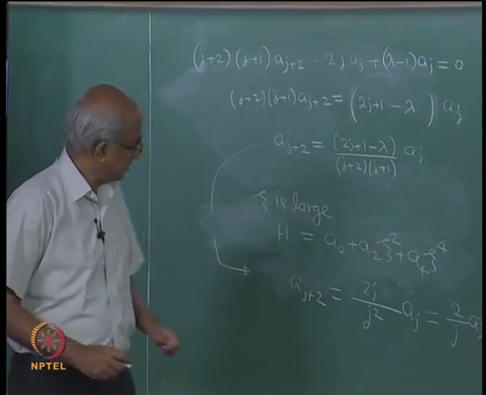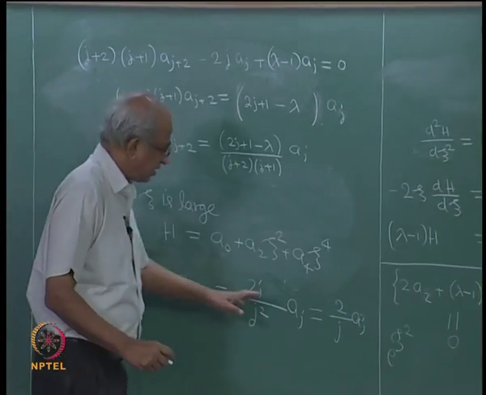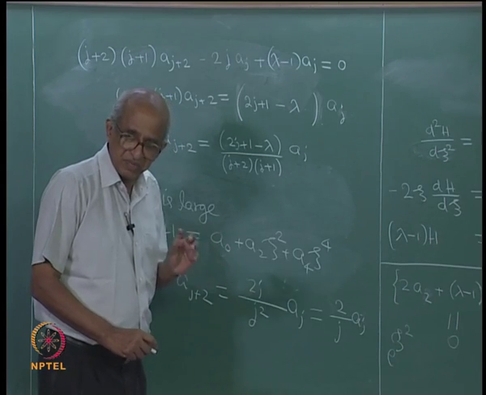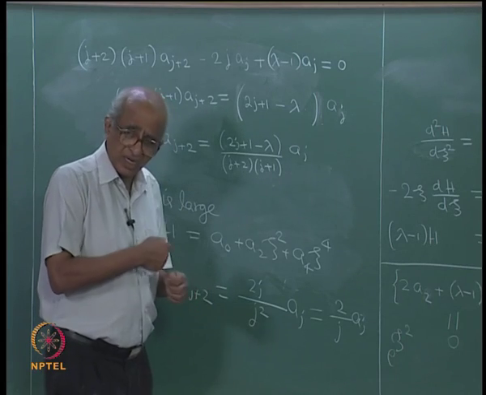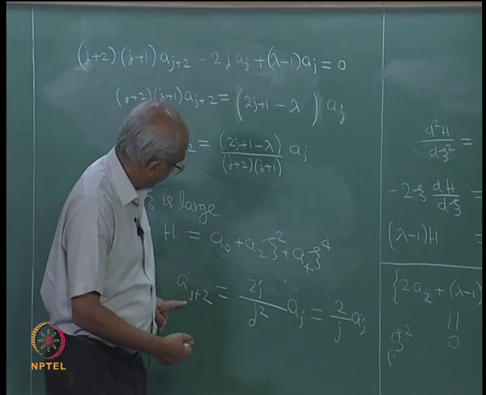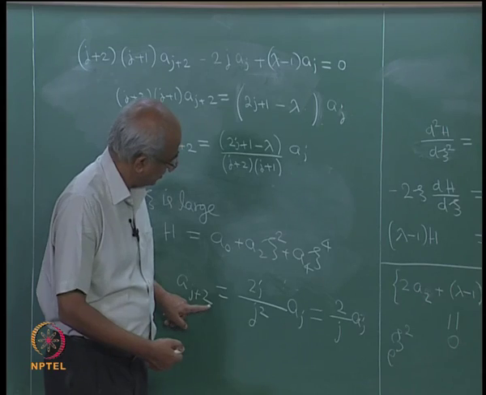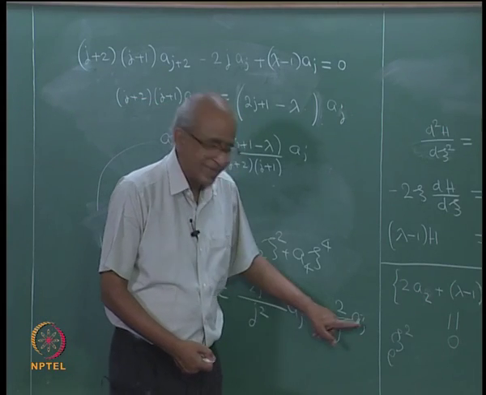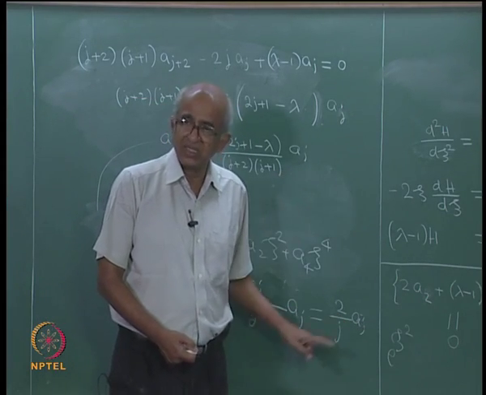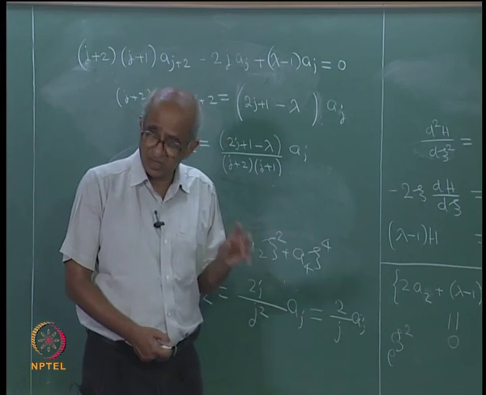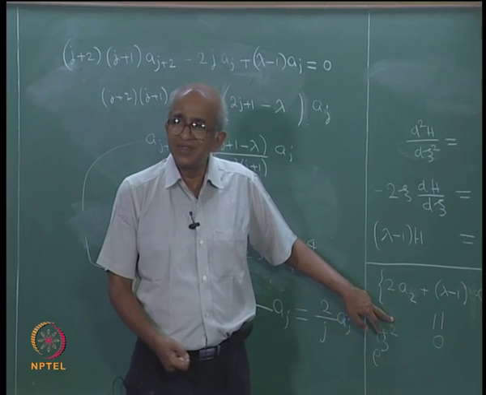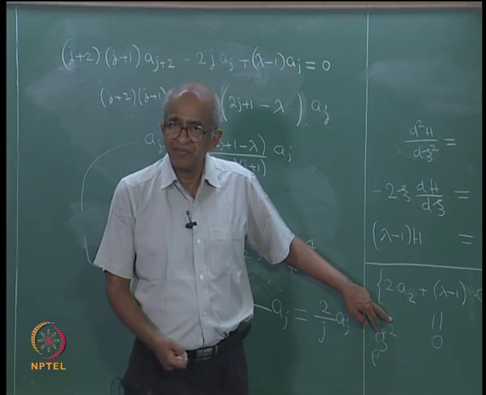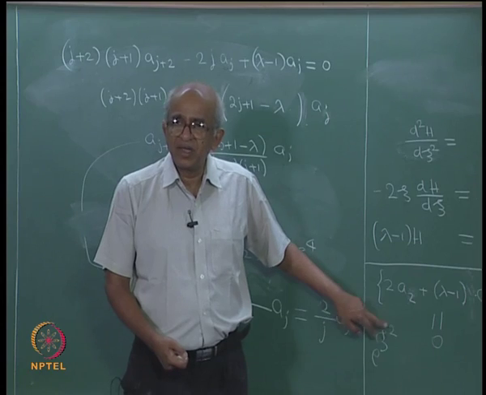If I have an infinite series where for large values of C, the recursion relationship is given by AJ plus 2 equal to 2 by J AJ, then my claim is that the series for large values of C will behave like e to the power of plus C square.